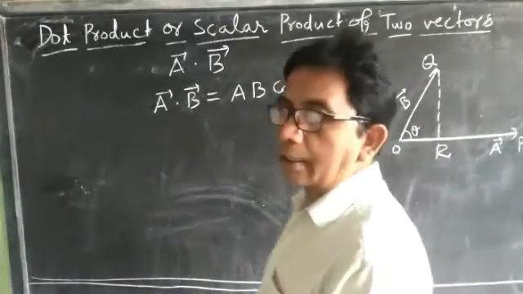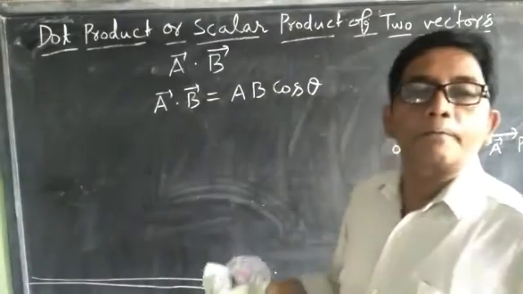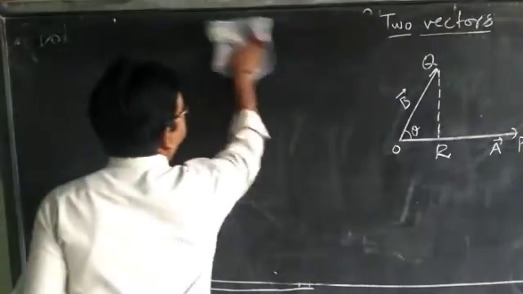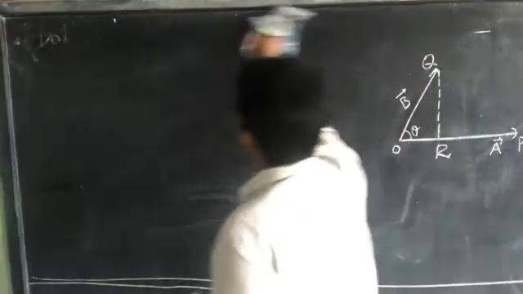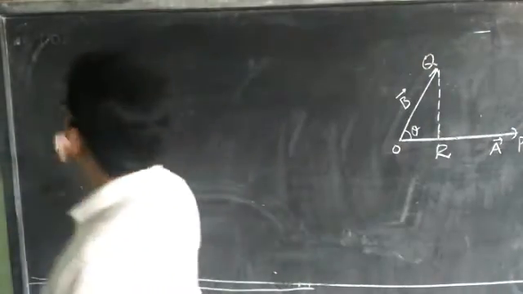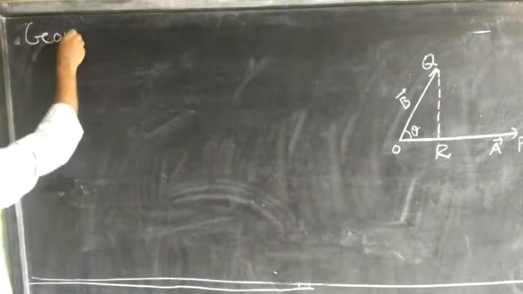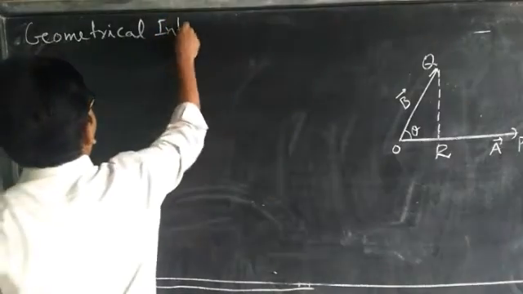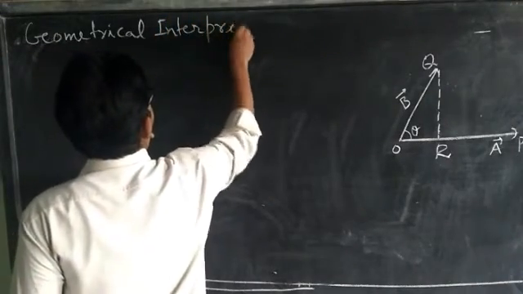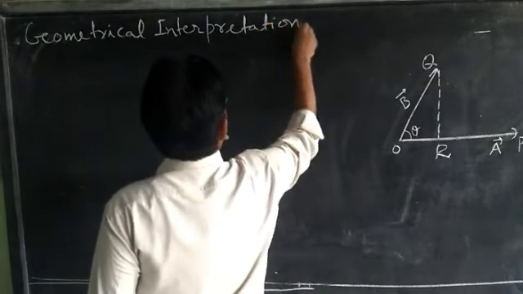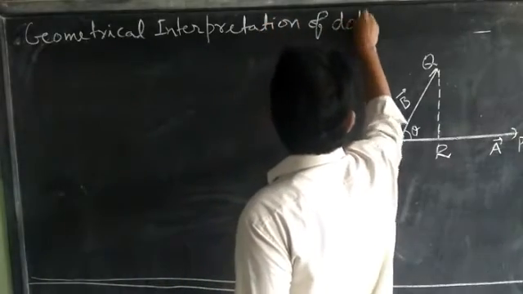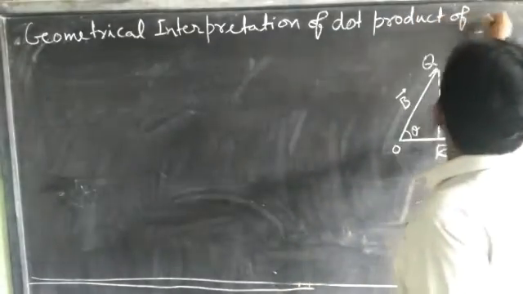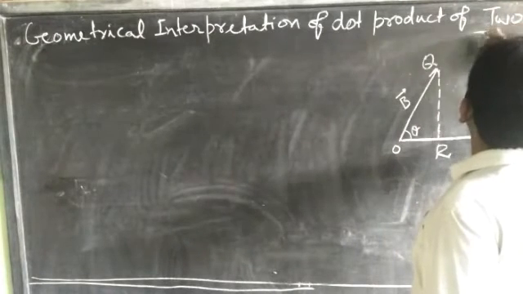Geometrical interpretation of the dot product of two vectors.